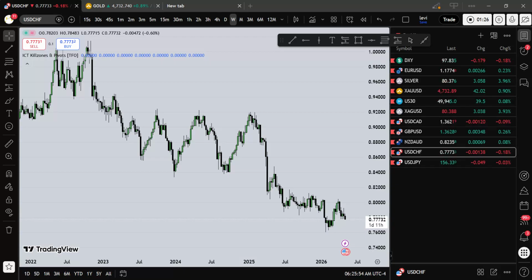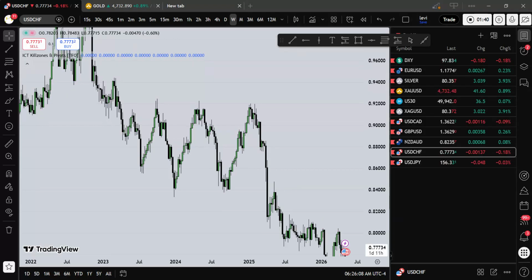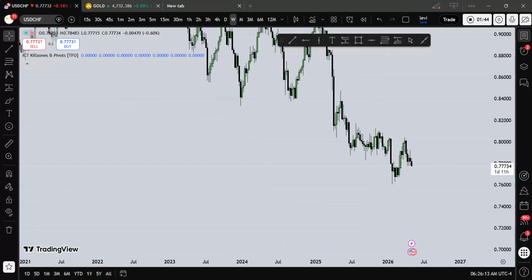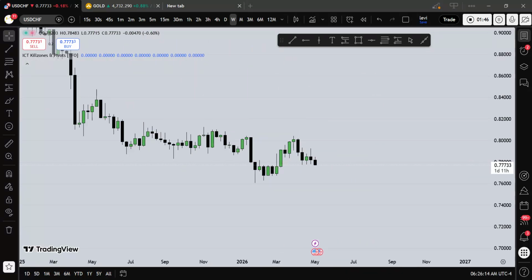Then we can see some form of consolidation by this July here, that's July 2025. Then coming into 2026, we see this drop here, and then a run up, and then we are seeing a run down now. So this is the weekly chart.